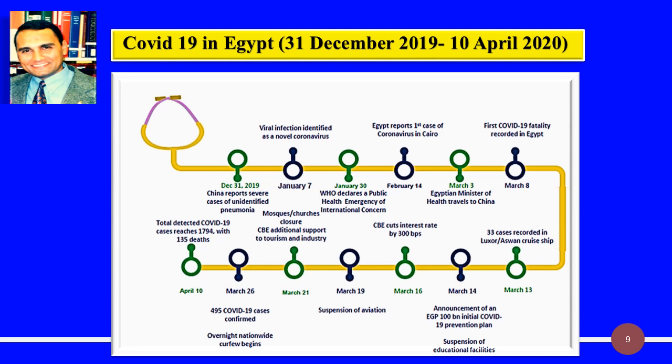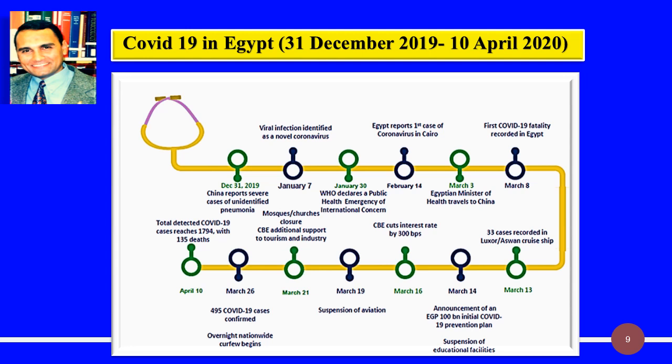On the 13th of March, 33 cases are recorded on a Luxor-Aswan cruise ship. On the 14th of March, announcement of the Egyptian 100 billion initial COVID-19 prevention plan and suspension of educational facilities.